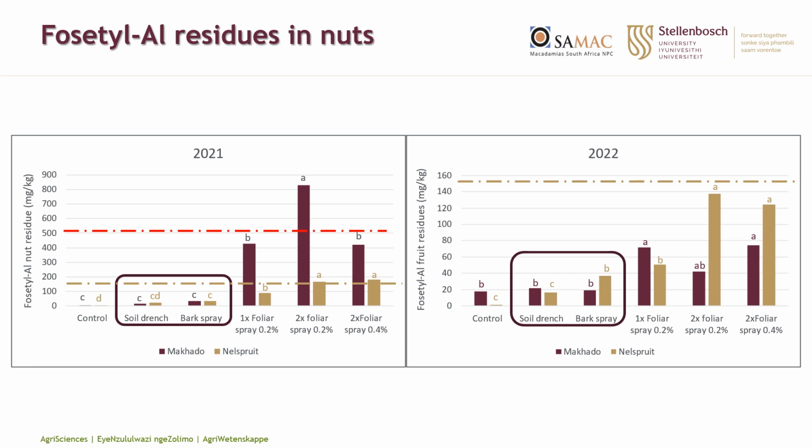And as I previously mentioned, soil drench applications are still currently under investigation, and we need to confirm that it won't increase the risk of resistance development among the populations in the soil.